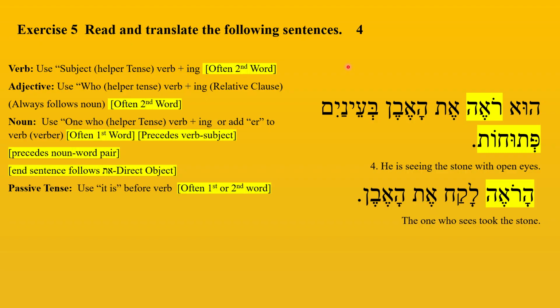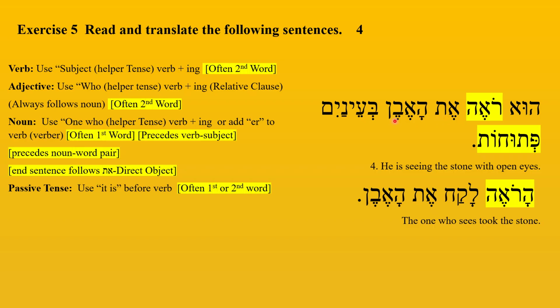All right, number 4. Hu ro'eh et ha'even be'enayim petuchot. So, he, subject, first participle, ro'eh, in the second position, probably the verb. Let's find out. He is seeing. That works. Et, what is he seeing?